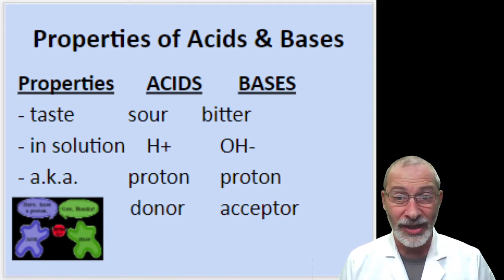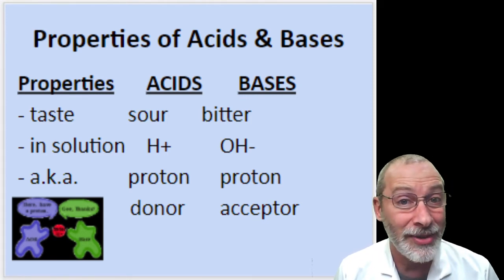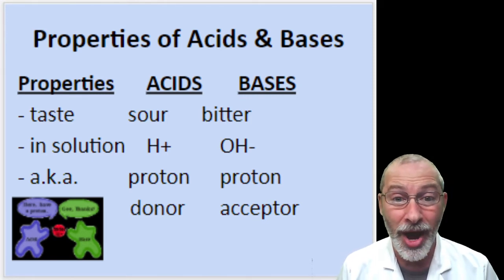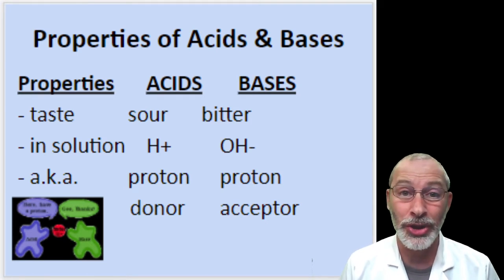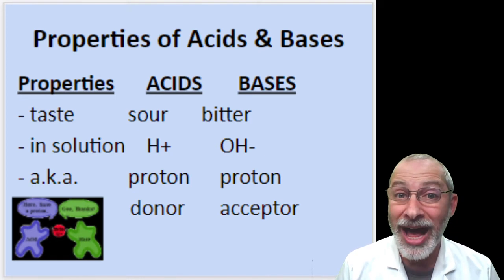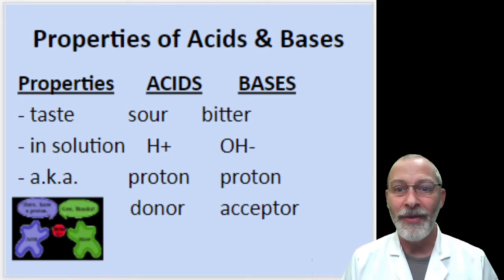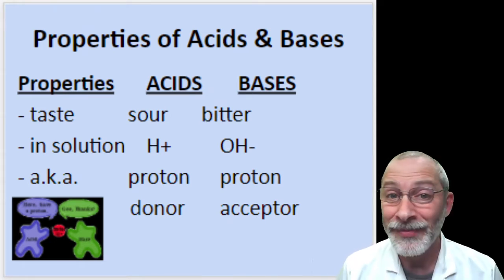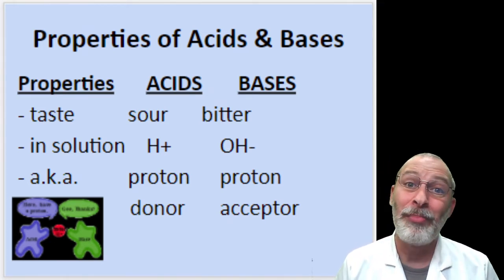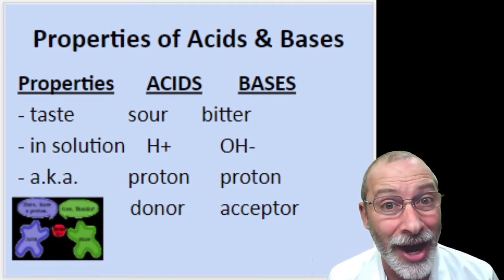And conversely, if you think of bases, we already mentioned how opposites attract in the previous property of what happens in solution. So if we've got an OH negative ion, what does it want to receive or accept? It wants to accept that positive hydrogen ion, which is a proton.